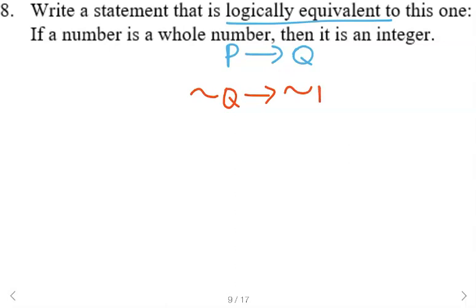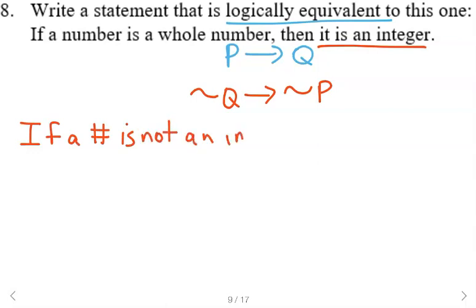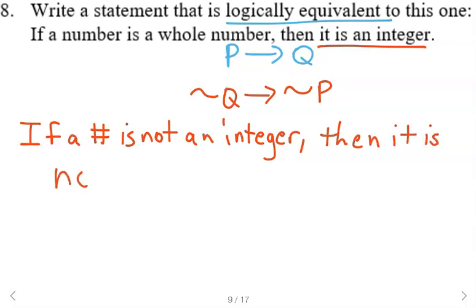All right, so we would say if a number is not an integer, then it is not a whole number. A contrapositive and the conditional are always logically equivalent. They always have the same truth value.